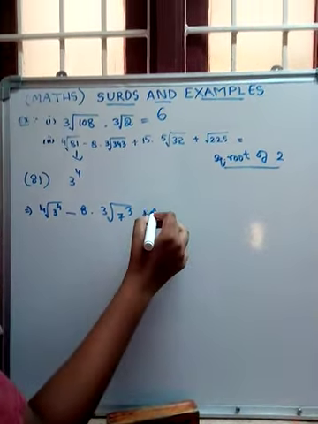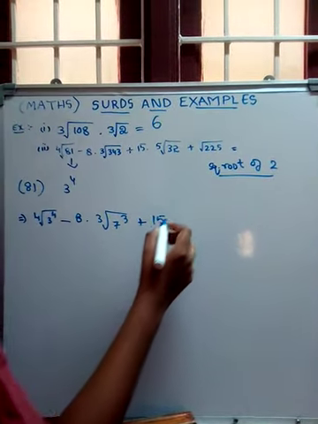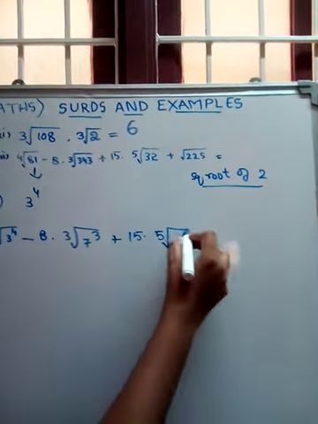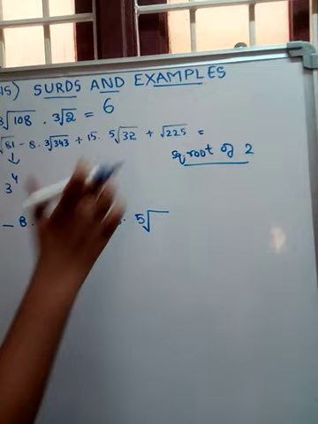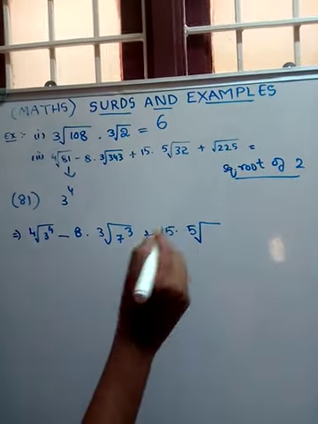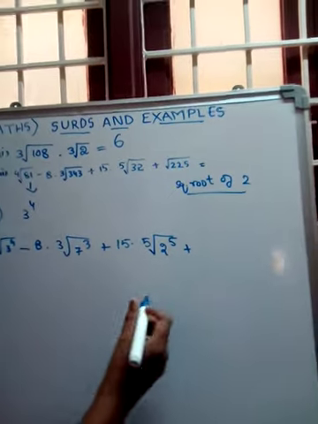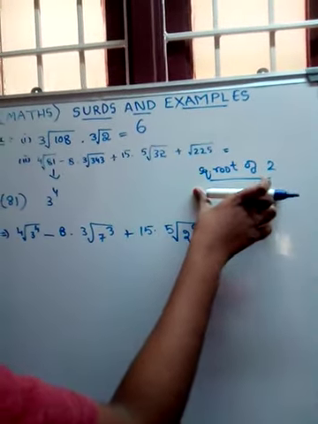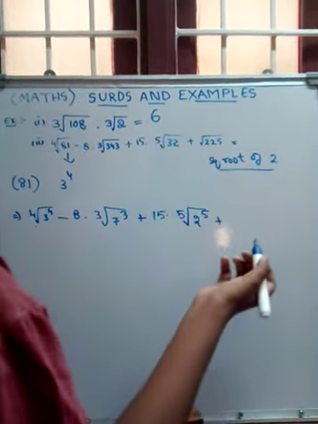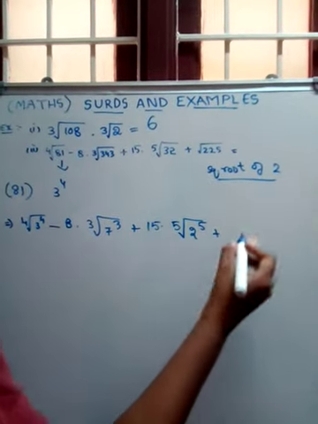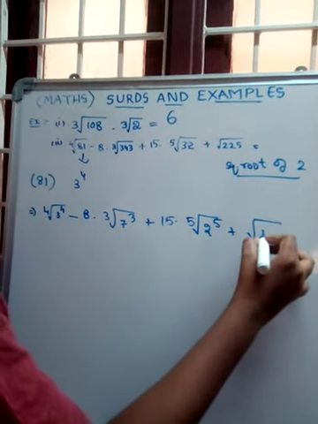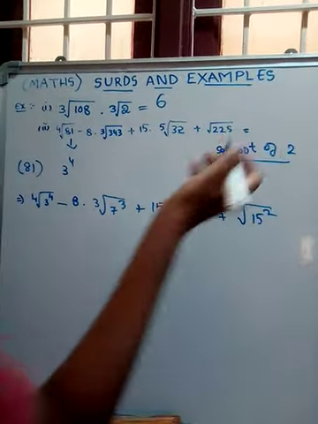Now next, 15 into the 5th root of 32; 32 in terms of 5 is 2 power 5, plus the square root of 225. In terms of 2, 15 square is 225.